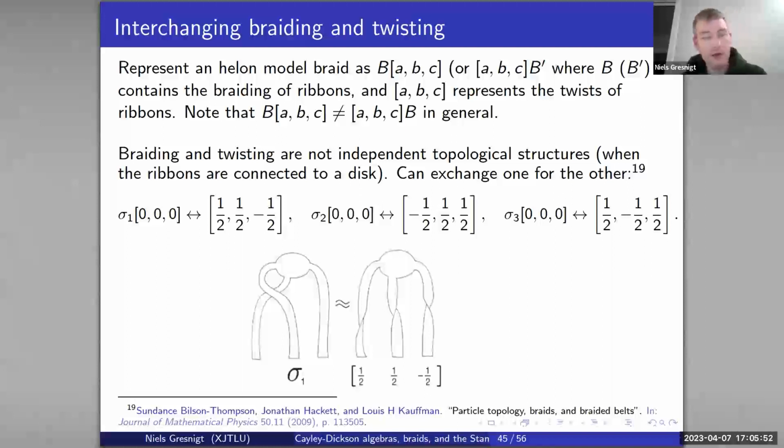So in particular, if you act with sigma 1, say, then you end up with pi twists on each of the ribbons. That's not what we want. And also, you see, it mixes: there's 2 positive twists and one negative twist. So this is not what we want to get the braids that Sundance, Bilson, Thompson has.